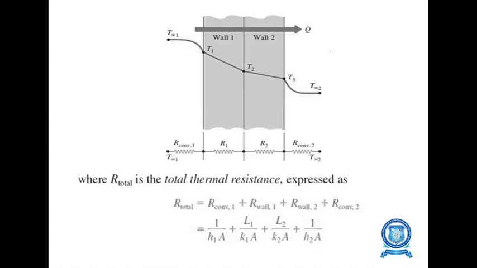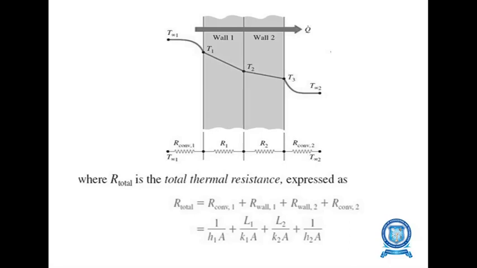So here, the overall heat transfer Q is equal to delta T, the overall temperature difference, divided by the summation of all the resistances, sigma R or R total. R total is the summation of all the resistances in the specific element.